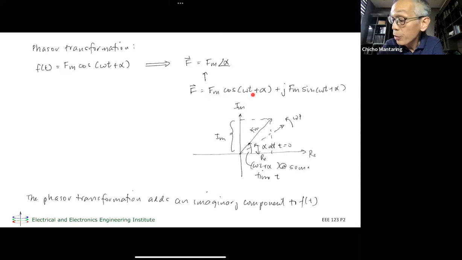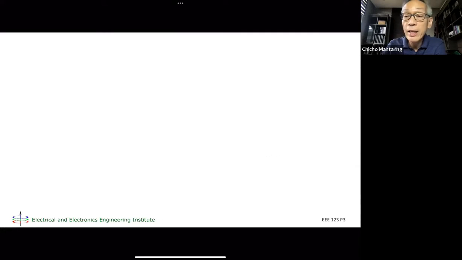No? Where this is our original f of t, no? Ito yung original f of t natin. Pero dinadagdagan ngayon natin itong imaginary component. Okay. Ngayon, ang ginagamit natin in this course is yung modified Phasor transformation.